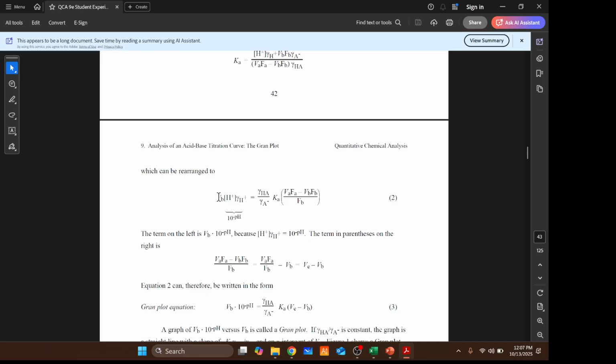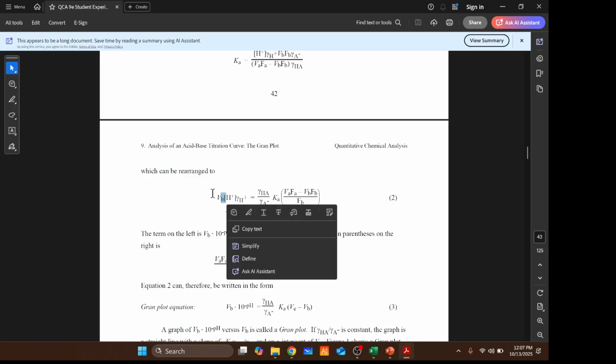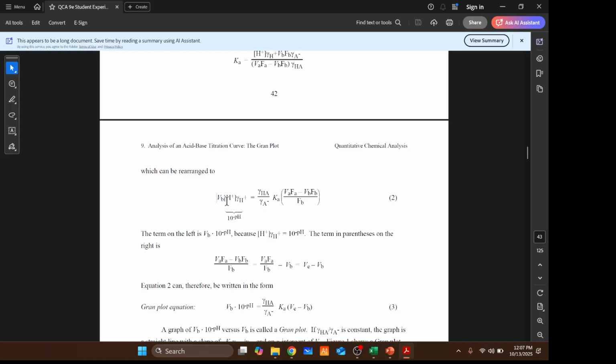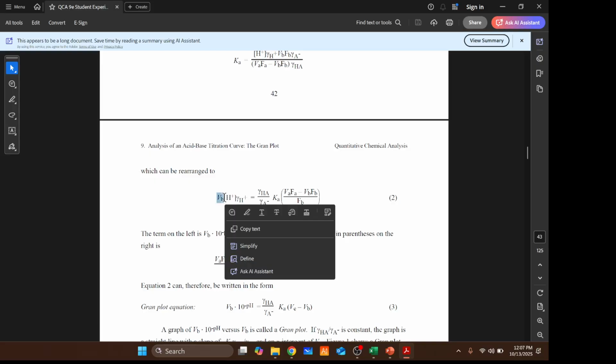How do I get this VB for 1/3 VE? I take my VE and divide it by 3.